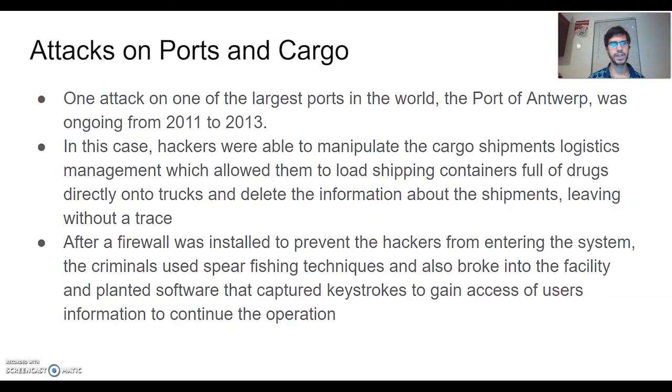Finally, we'll go on to attacks of ports and cargo. The most infamous attack is from organized crime that was ongoing from 2011 to 2013. Hackers were able to manipulate cargo shipments and essentially load containers full of drugs directly onto trucks and delete information that the cargo was ever even there.